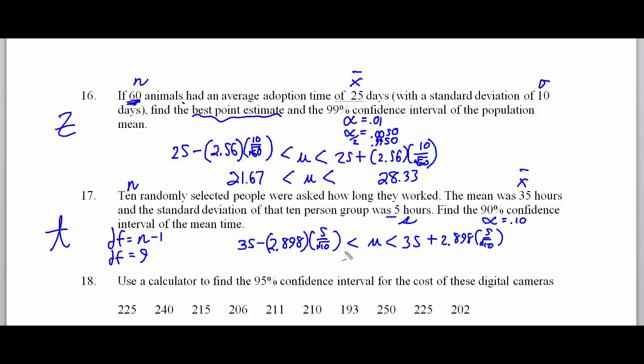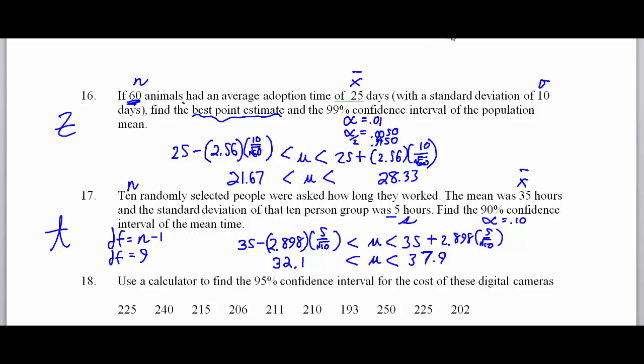Now if you compute all this out correctly, you get an answer of 32.102, so let's round it to 32.1, which is less than mu, which is less than 37.9. So we're 90% confident that the interval of their time working is between 32.1 and 37.9 hours.